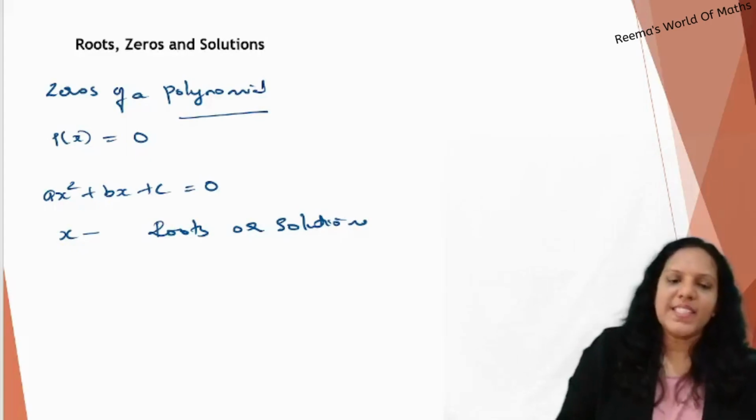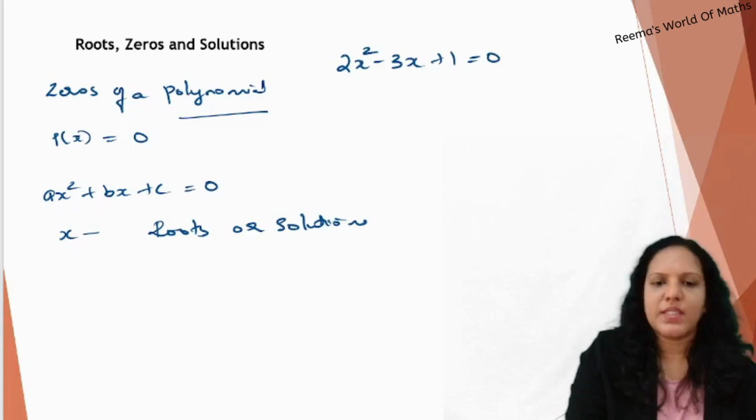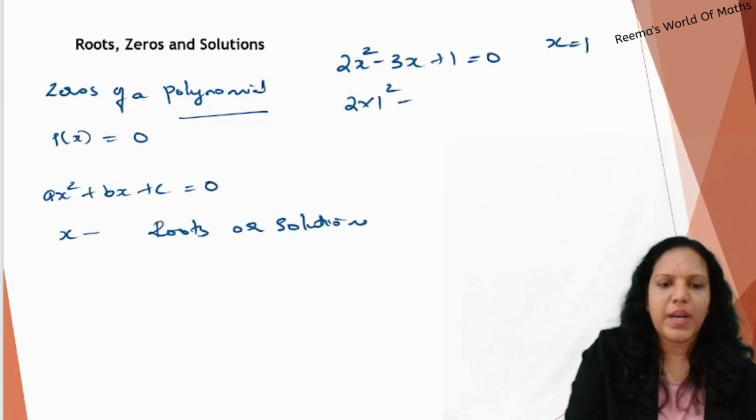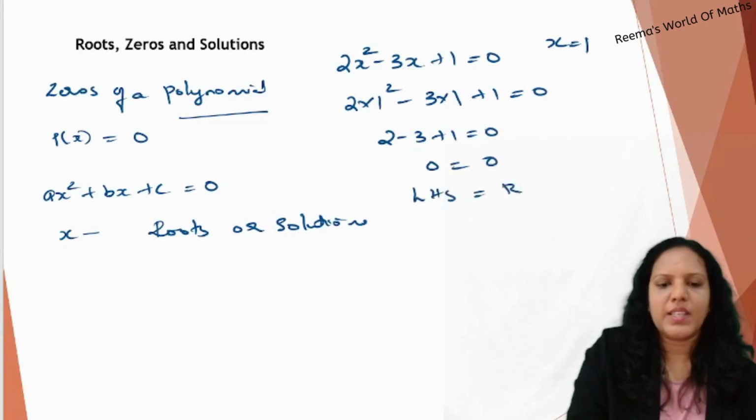Let's see a simple quadratic equation: 2x squared minus 3x plus 1 equals 0. Now let's replace the value of x. Consider x equals 1. That is 2 multiplied by 1 squared minus 3 multiplied by 1 plus 1 equals 0. So that is 2 minus 3 plus 1, which is 0 equals 0. The left hand side is equal to the right hand side.